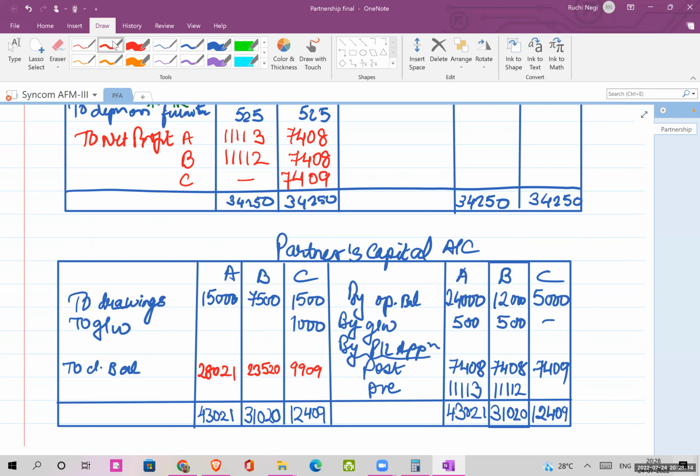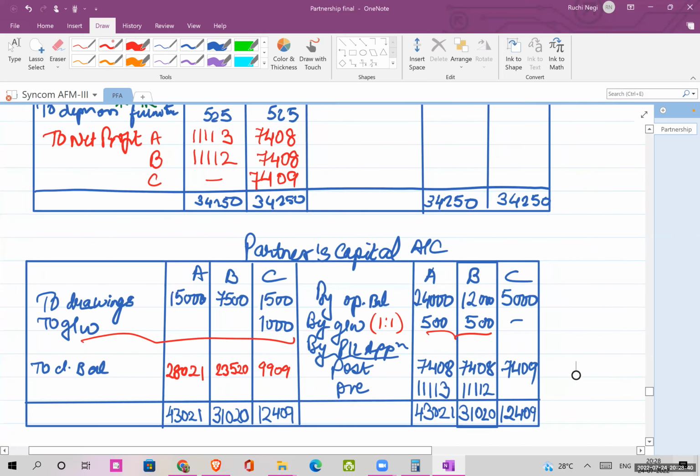In their, obviously, old ratio. And then you're setting it off also. Yeah, it is a share of partner, right?